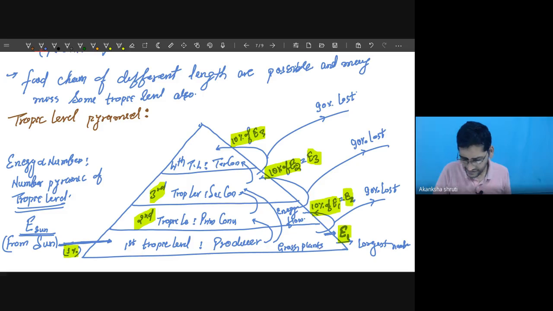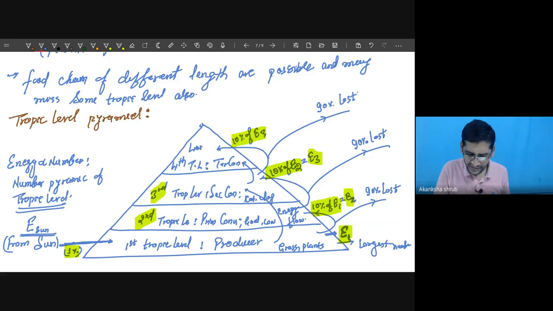plants. In the second trophic level we may write goat, cow, etc. In the third trophic level, the cat, the dog, etc. The lion, the vulture, etc. Okay students, so these examples are also asked: which one is falling in which trophic level.